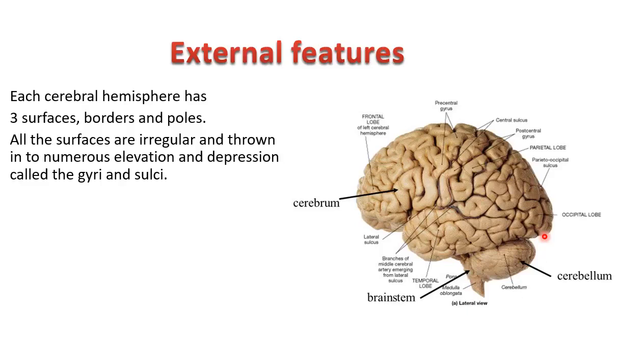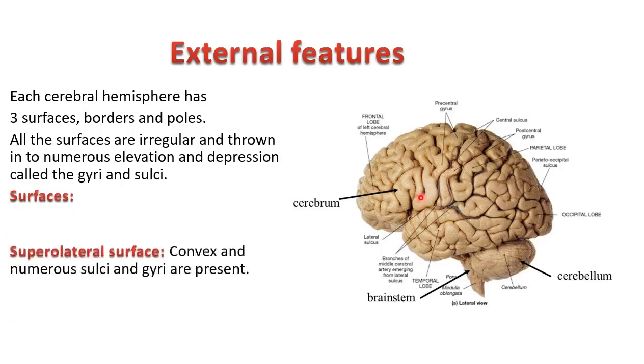The gyri are the elevations, what you see here, and these fissures, or depressions, are called the sulcus. Singular is sulcus, same way singular is gyrus, plural is gyri and sulci. Mainly three surfaces, I told you. One is the superolateral, or simply the lateral surface.